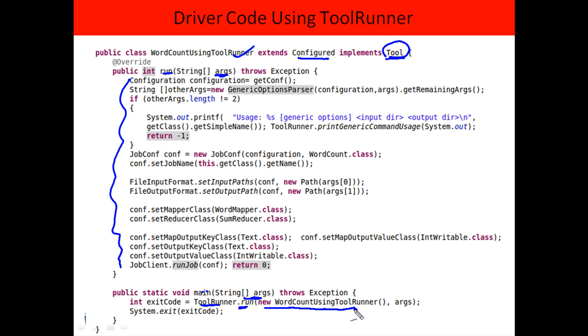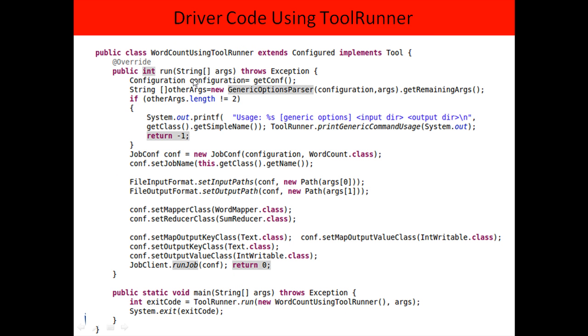The first argument should be a class which is implementing the Tool interface. ToolRunner.run is used to run a tool. Any class which is implementing the Tool interface is a tool. So I am passing my class WordCount using ToolRunner and arguments. Whatever I pass through the command line will be passed as arguments to the run method as well.